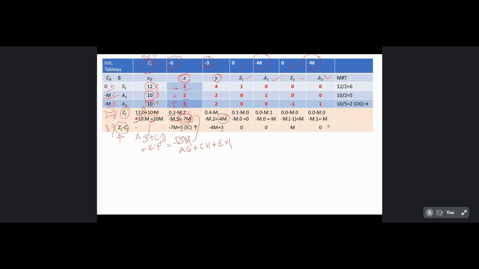Seeing all over, then we are searching for incoming variable. That is the most negative amount.